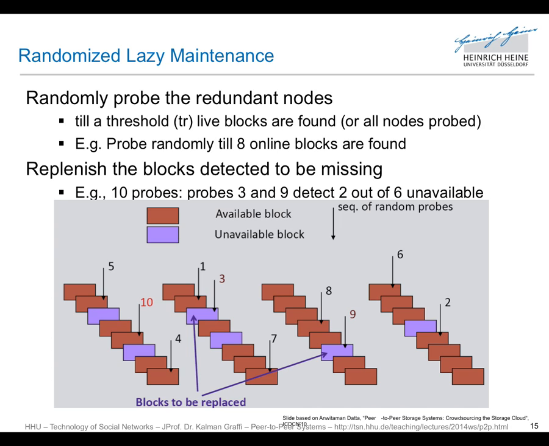We had 517, and here you just have a look to find 100 available blocks, and all the missing blocks you find on the way, those you have to replace. Let's say these are 12 or 15 or so, and all other 400 you don't check, so you save on the probing costs. In comparison to the lazy approach, this is still sufficient and still leads to that high availability, but at lower costs. And compared to the naive solution, it's also much better.